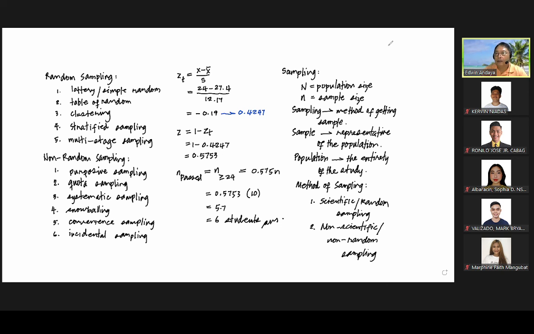Convenience method is the method used by the convenience of the one collecting the data. And incidental, the sample is taken by accident. That is incidental sampling, non-random sampling.